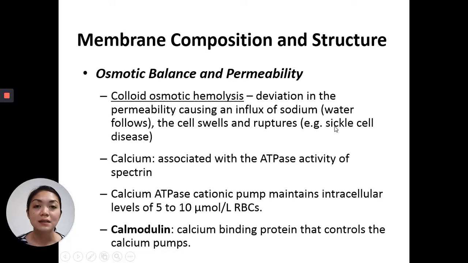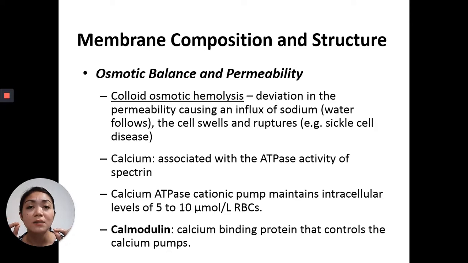Lastly, sickle cell disease is a classic example wherein the permeability of the membrane to cations is damaged. Just take note, we'll discuss this when we go to hemolytic anemias and hemoglobinopathies. If you have sickle cell disease, your hemoglobin is abnormal, and once it encounters an oxidized environment, it sickles. It condenses, forming dark, dense hemoglobin.